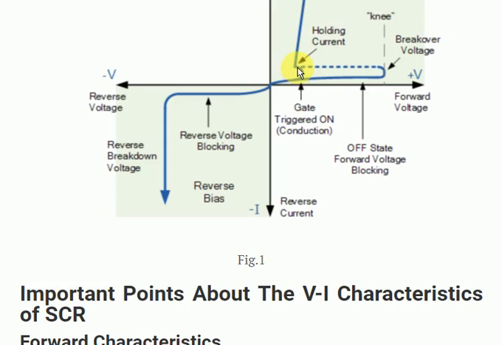When the anode current is less than 5 milliampere, the SCR is turned off, and when it is greater than 5 milliampere, it will conduct.